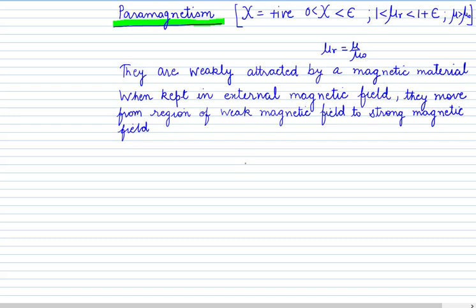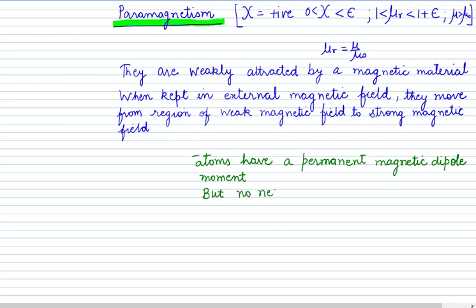So when we apply the external field, these individual atomic dipole moments are aligned and pointed in the direction of the applied magnetic field. So all the paramagnetic materials have a permanent magnetic dipole, but there is no net magnetization.